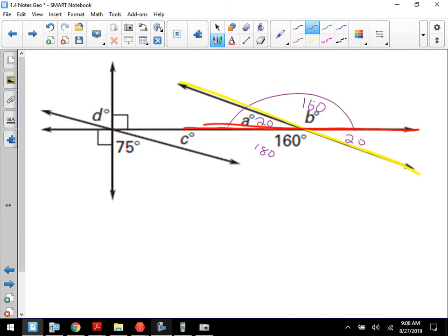Okay? What do those boxes mean on the other side? The right angles. How many degrees are in a right angle? 90. Okay? So I have a 90 degree here and a 90 degree here. Now, if I look at this example, how many angles make that straight line? How many angles will make up that line? 3 of them.